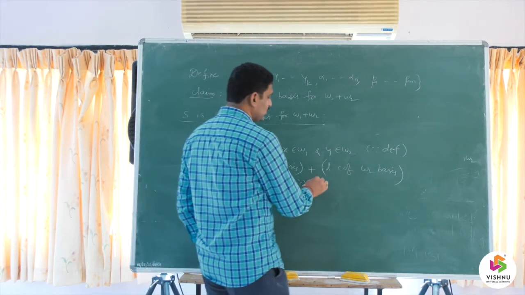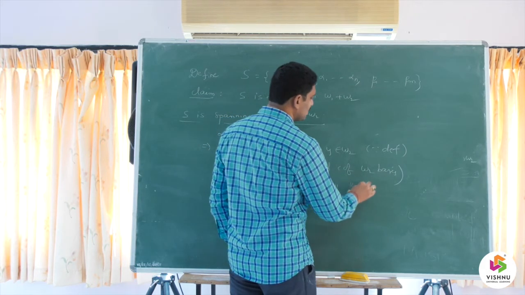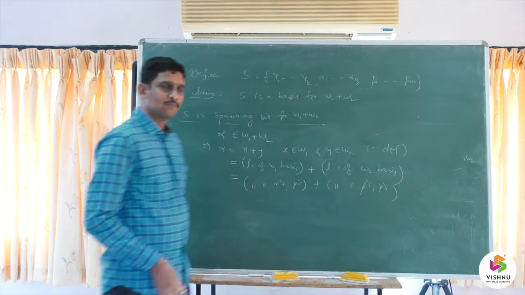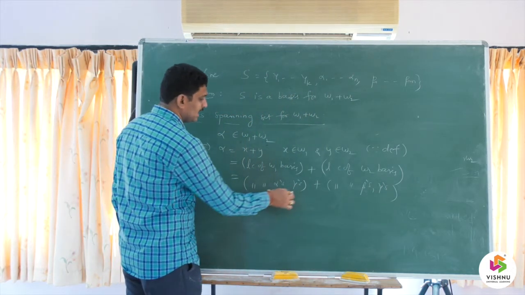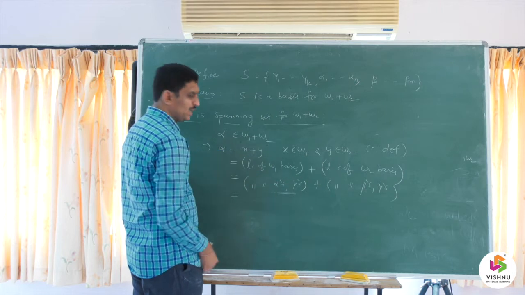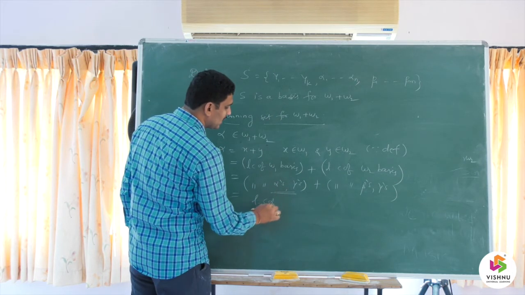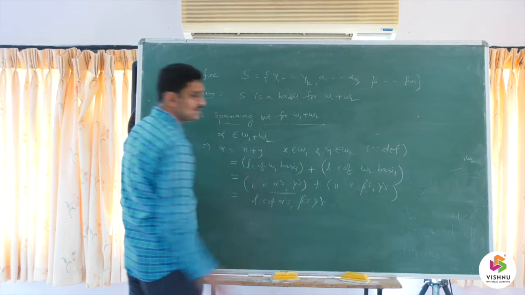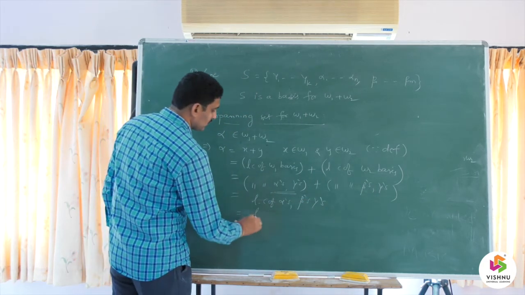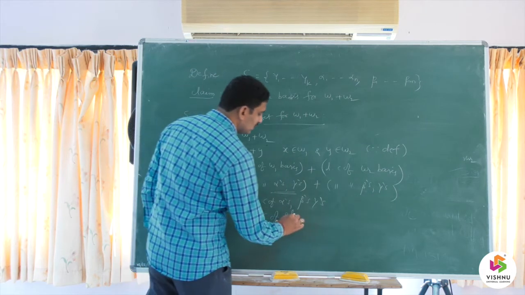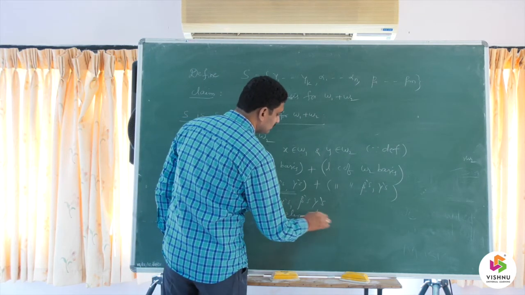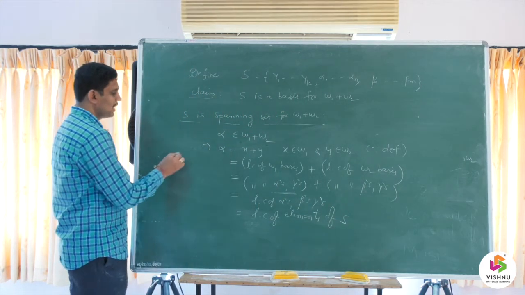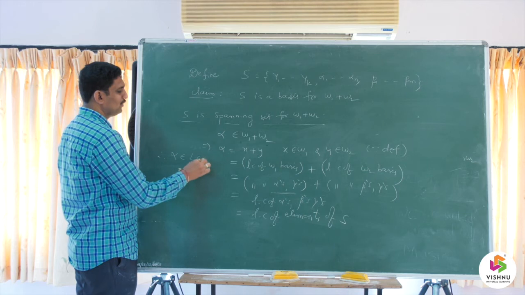And what are the bases for W2? Betas and gammas. So you can write a linear combination of betas and gammas. So this is nothing but, it contains alpha gamma variation, it contains beta gamma variation. On the whole, it is a linear combination of alphas, betas and gammas. Nothing but a linear combination of elements of S. Therefore, alpha belongs to L of S.